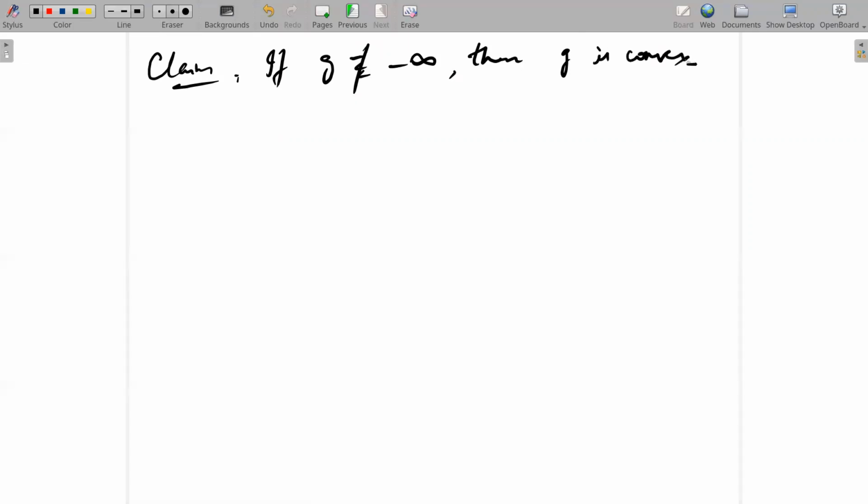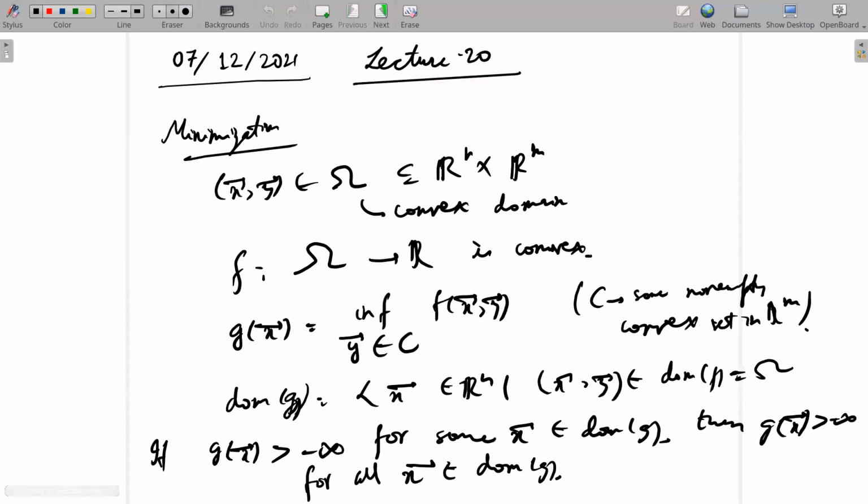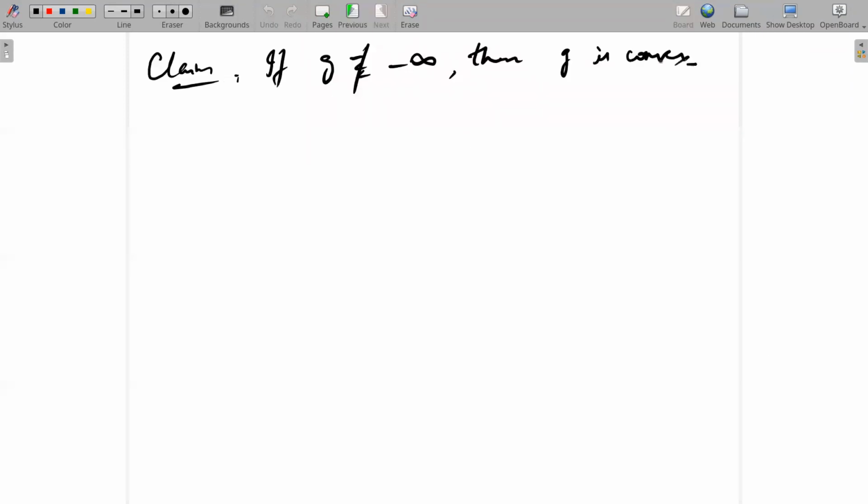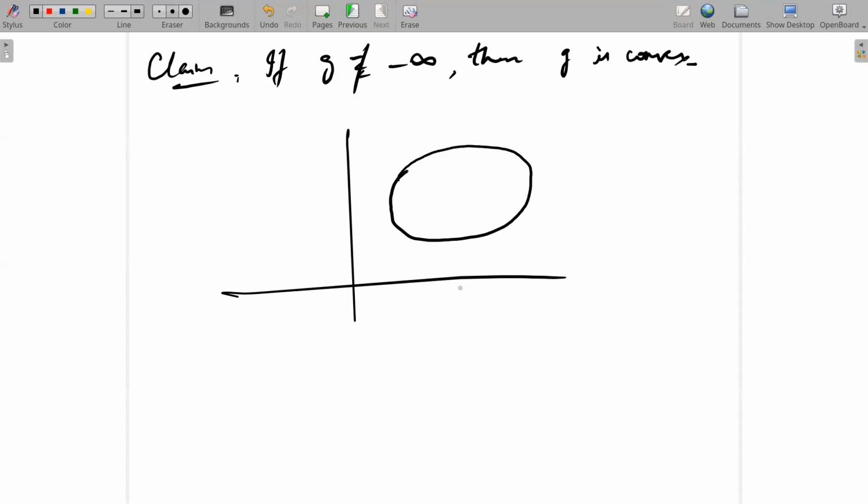So essentially, we built up a new convex function from this old convex function, which was defined on higher dimensions. We essentially sliced it up. If you are talking in 2 dimensions, for example, and the third dimension represents the value z equals f of x, y, and let's say we have this convex set. So this is my x-axis, this is my y-axis, and I have some sort of paraboloid kind of thing here.